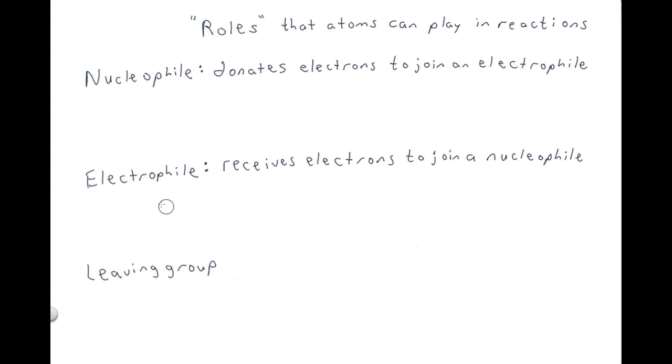Why is the term electrophile appropriate for this role? Well, do you know what the suffix phile means? Phile is a suffix that comes from, I think, Greek. I think phile is Greek for liker or lover. For example, a philanthropist is somebody who gives a lot of money to charity, perhaps because they are a lover of mankind. A philosopher, the term philosopher comes from the root of lover of wisdom.